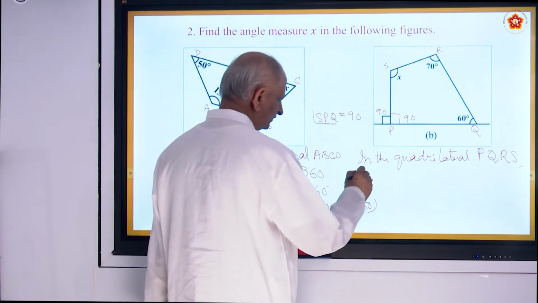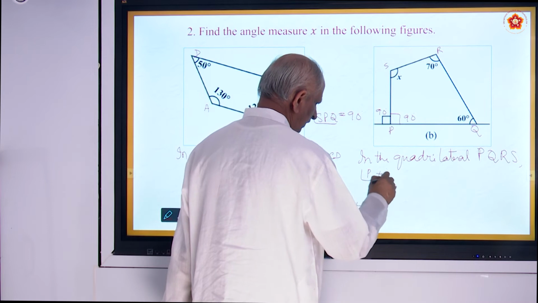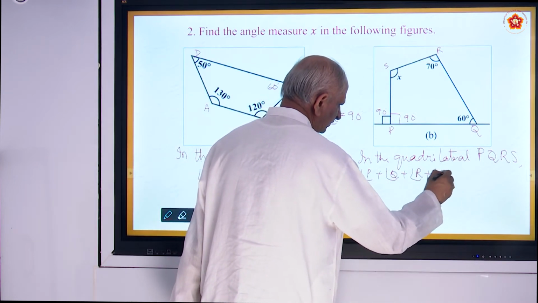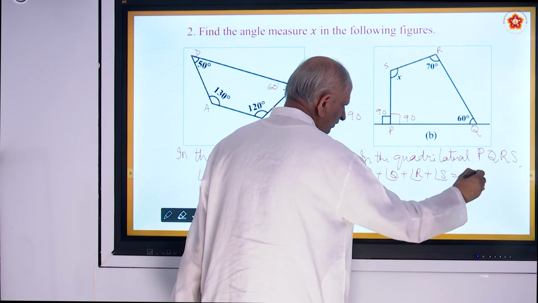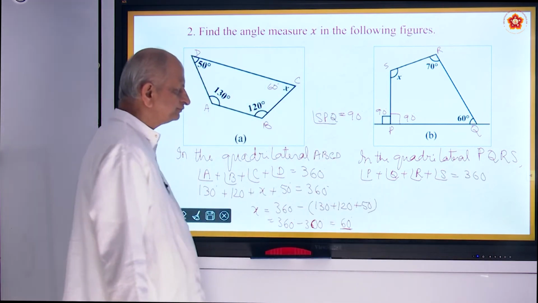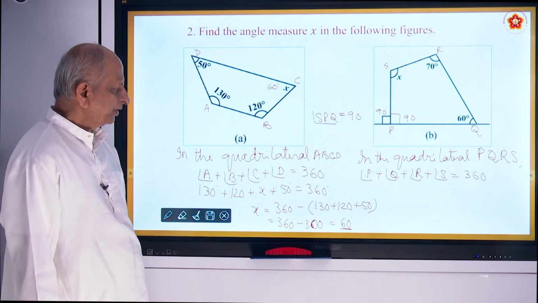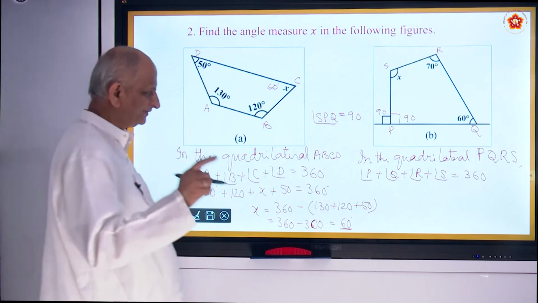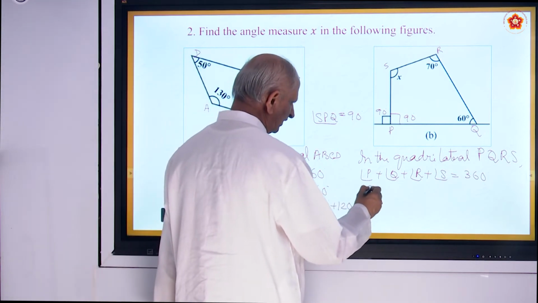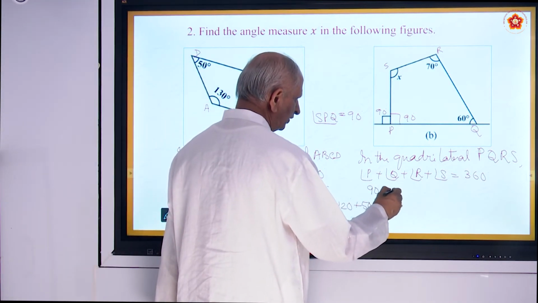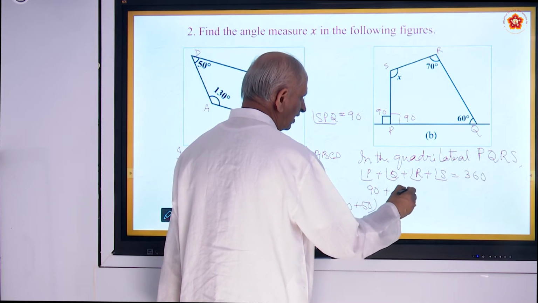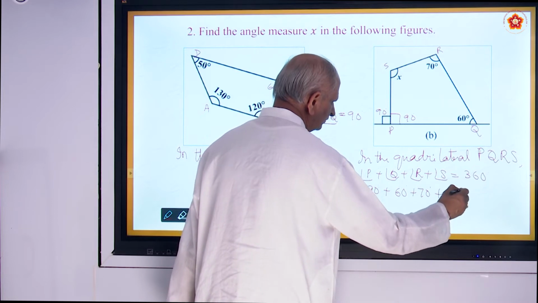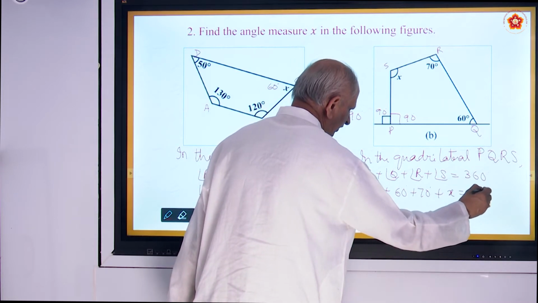Angle P plus angle Q plus angle R plus angle S is equal to how much? 360 degrees. Now what do you have to find out? X, namely angle S, right? So P is 90, Q is 60, R is 70, S is x, and the sum is 360 degrees.